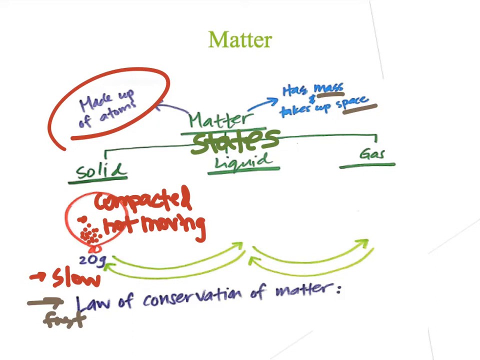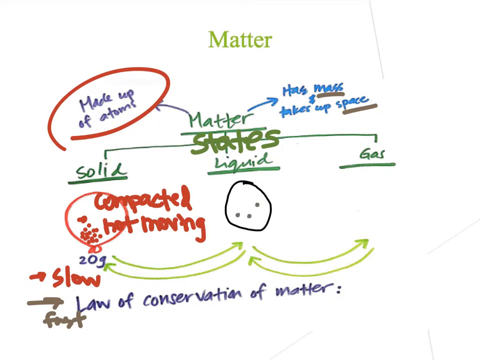Now, in a liquid state, it's a little different. We get a little bit more energy. In fact, remember with our heating curve that as soon as you add more energy to a solid, it will start to melt and turn into a liquid. So when we're talking about liquids, they're going to be a little further apart. Let me increase my dot width. There you go.